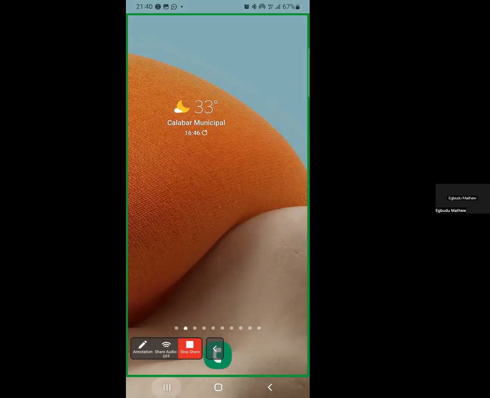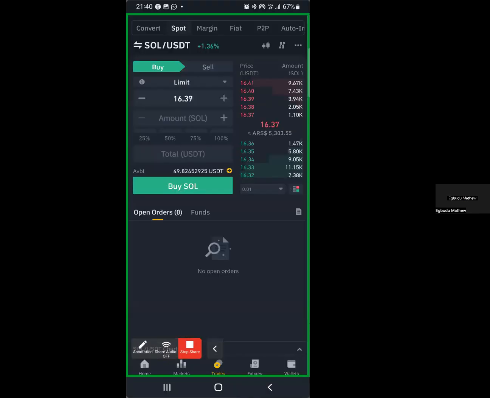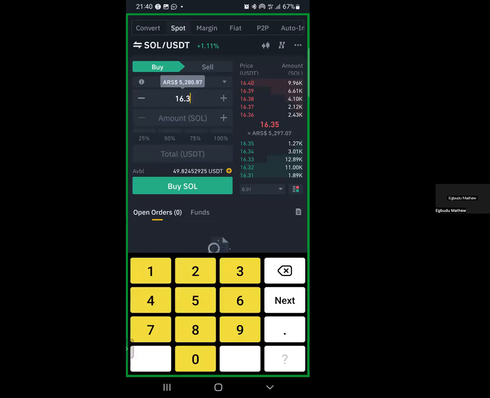So a limit order is an order whereby you set to buy your asset at a later price. If there's a signal sent to buy Sol USDT at 20.0, all you need to do is come here, below you have limit. You click on it and simply input 20.0.